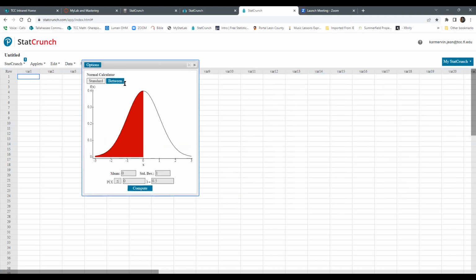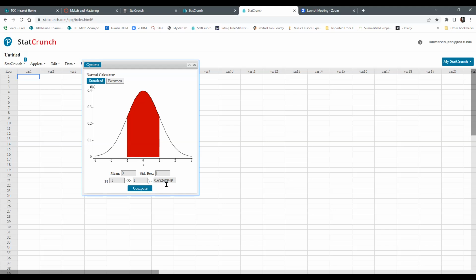For this, it's best to use the Between option when you want to find the Z, because you have two sides, one left and one right, since you're doing an interval. In an interval, you have two values, so it's best to use Between.